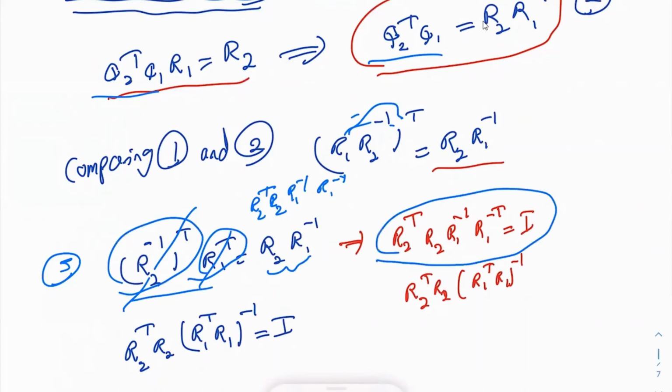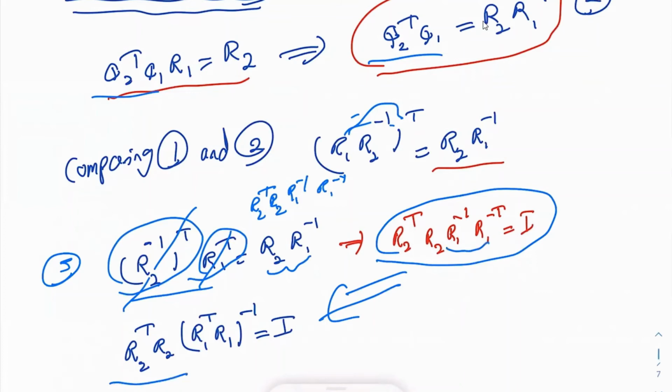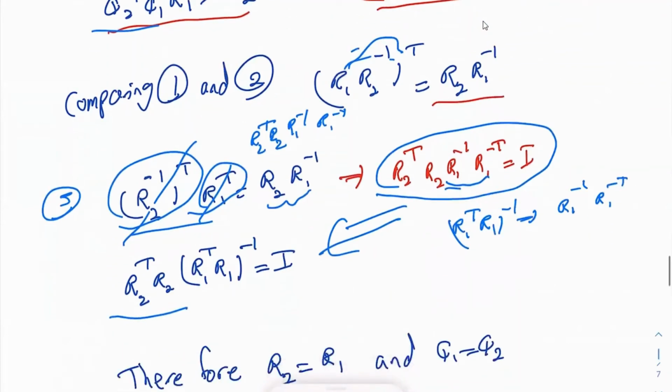Well, this equation is nothing but this one. It's just R2 transpose R2, right? And this term is nothing but R1 transpose R1 inverse, right? Because if you use the property of the inverse, you get R1 inverse times R1 negative transpose, which is exactly the same as this. But look at this one. They are equal to identity.